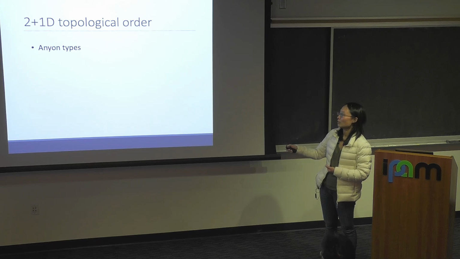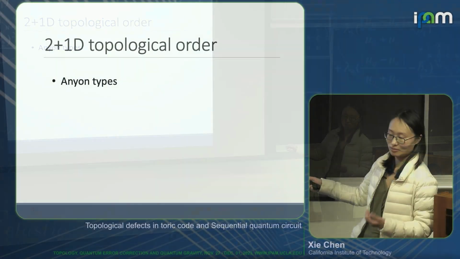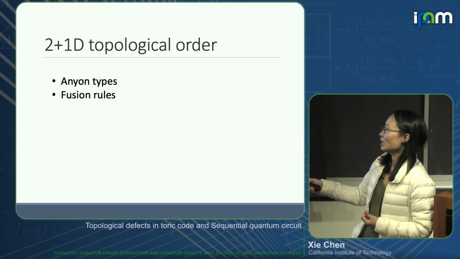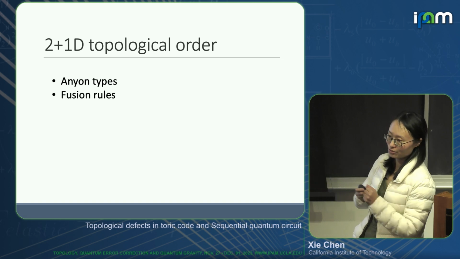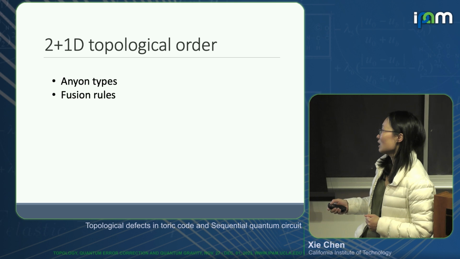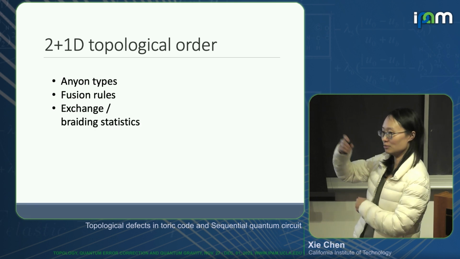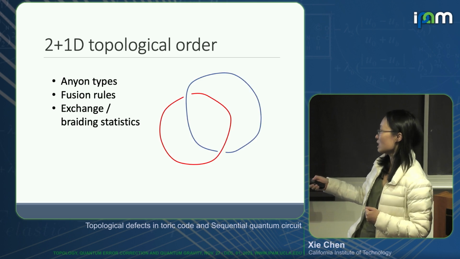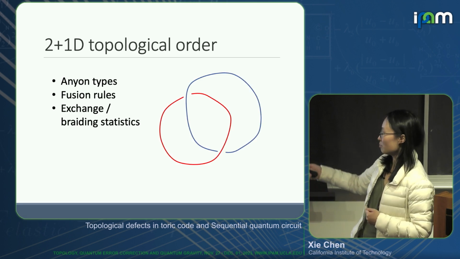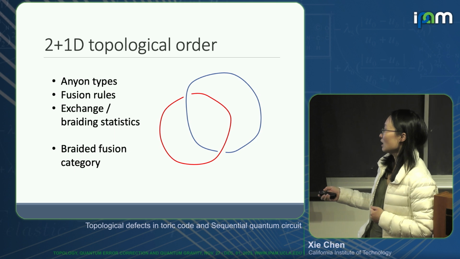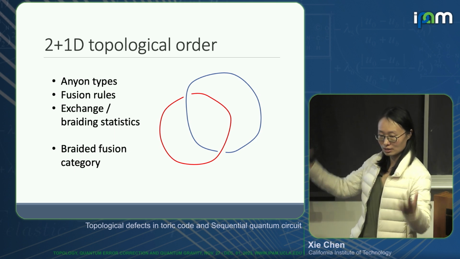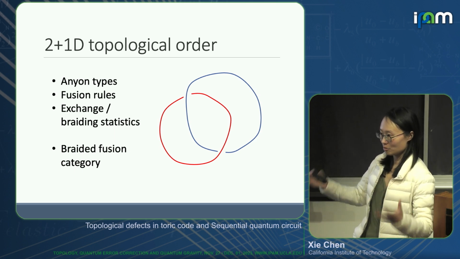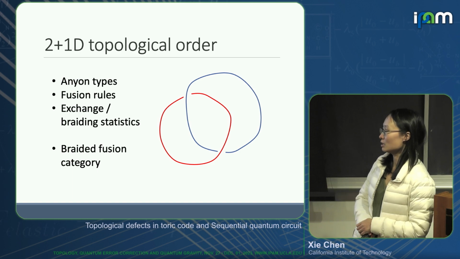For example, what kind of anyon the system has, and how do the anyons fuse? What's the fusion rule? And how do they exchange and braid with each other? There's exchange and braiding statistics. This is a braiding process. And then put all together, mathematically, this forms something called a braided fusion category.